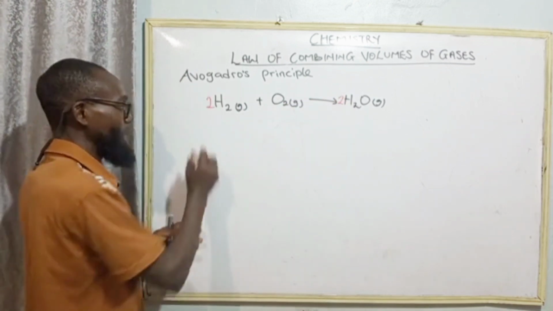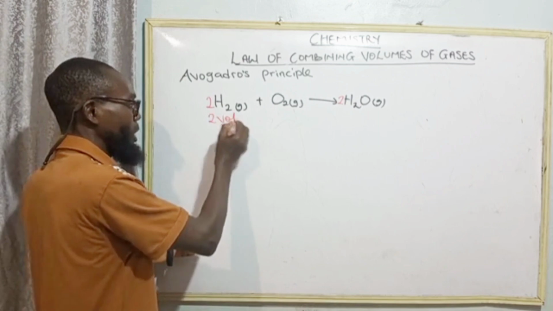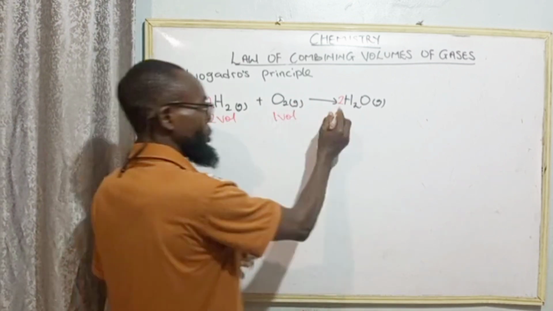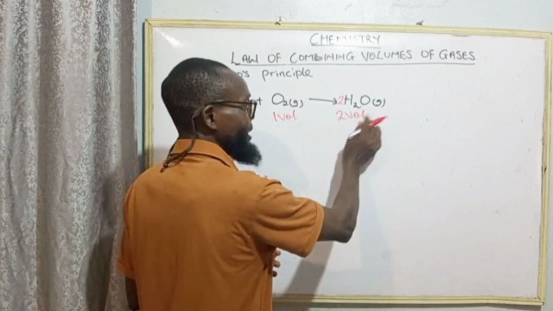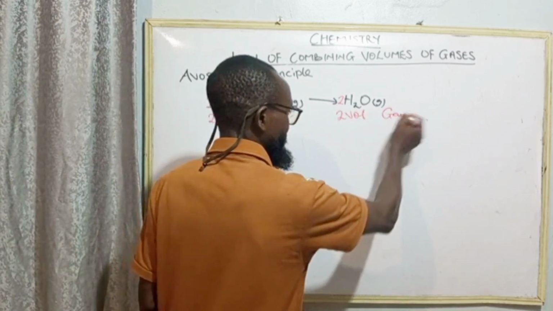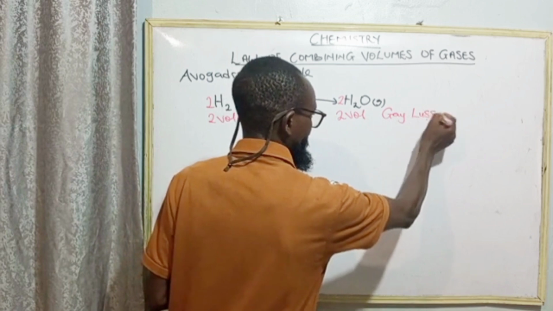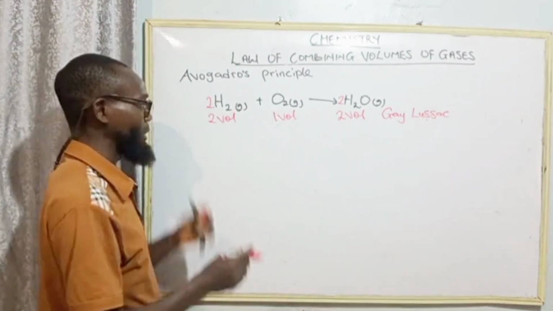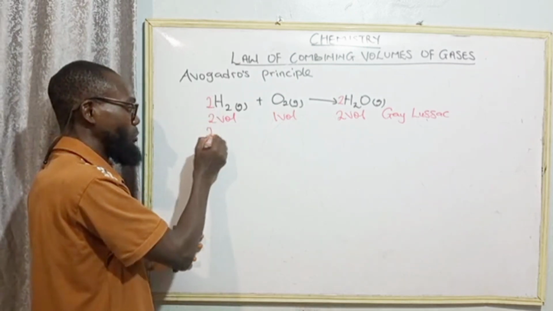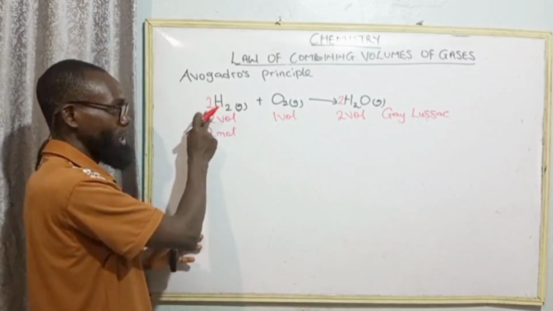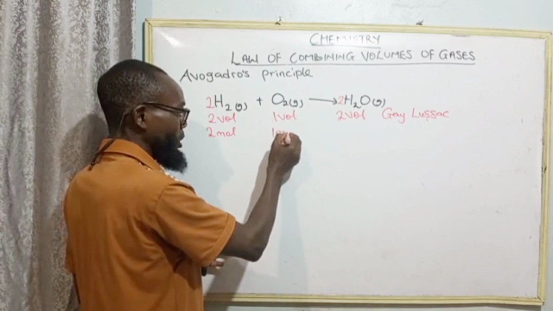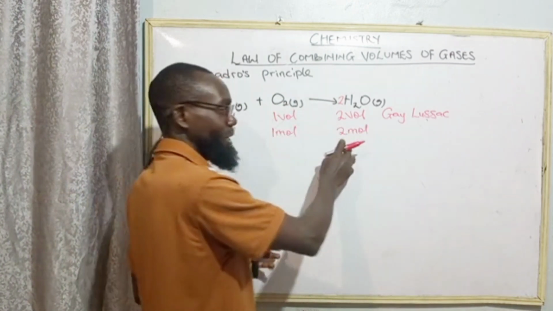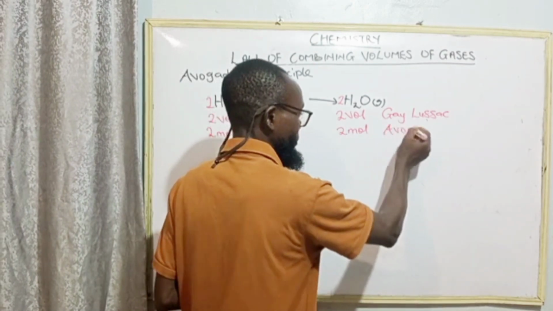If you consider it to be 2 volumes of hydrogen to 1 volume of oxygen to give 2 volumes of water, this is Gay-Lussac. But when we are considering the number of molecules, 2 moles of hydrogen reacting with 1 mole of oxygen to give 2 moles of water, this is what we call Avogadro's.